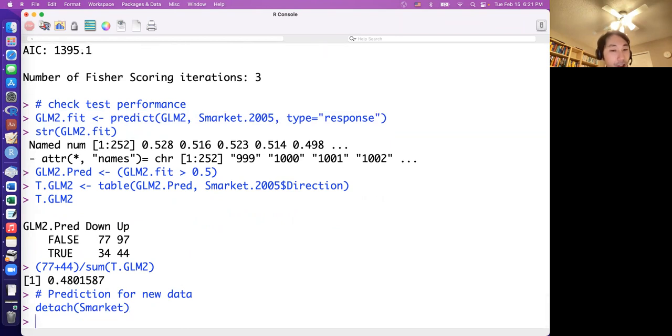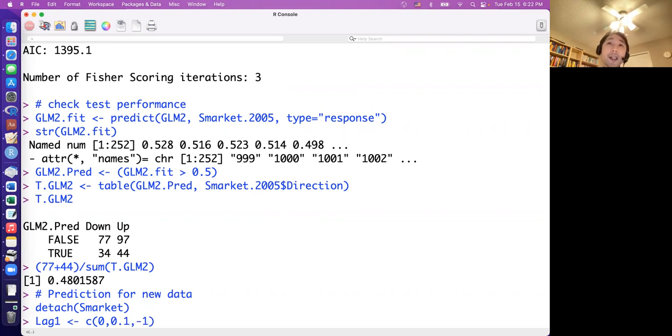So just to avoid any confusion, we detached the data set. When we attach, then we use the variables in the attached data frame as the default variables, but we have several data sets, so just in case we detach. And okay, so we define lag 1 as 0, 0.1, and -1.